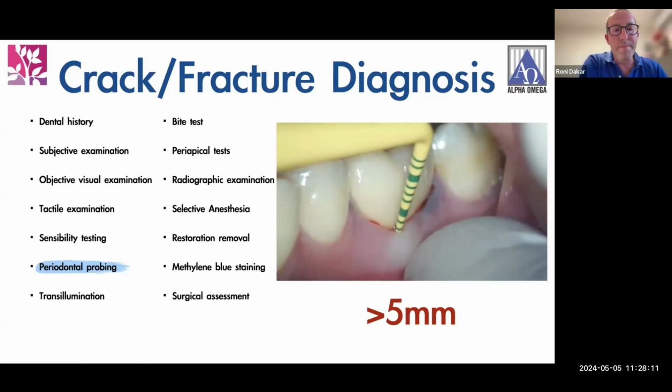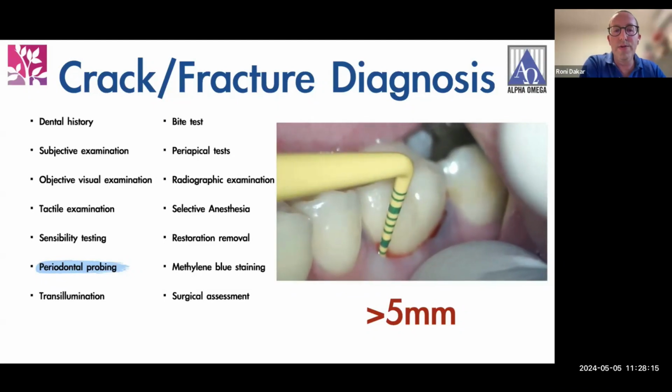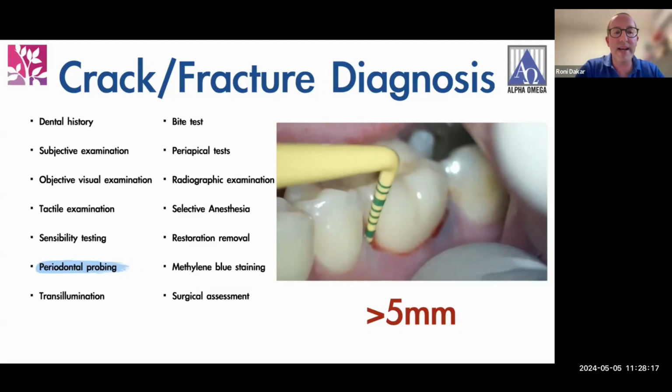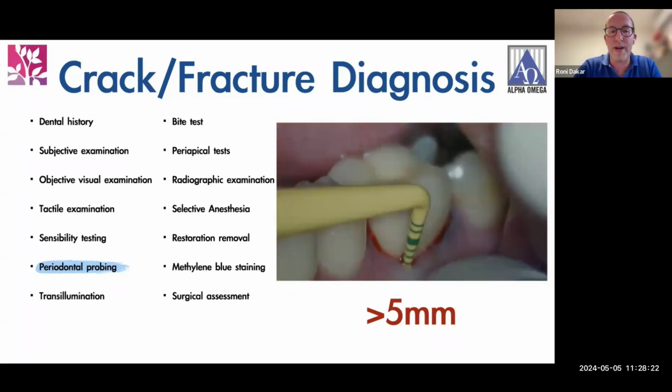I like to probe with a plastic periodontal probe, and I do this in every case that comes to me, not just in cases where I suspect fractures or cracks.